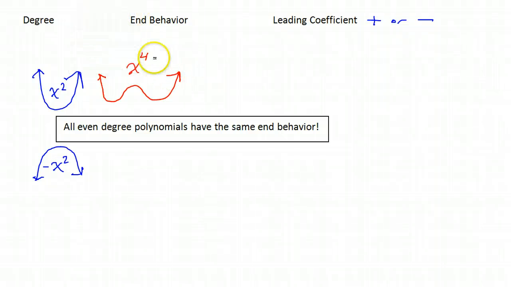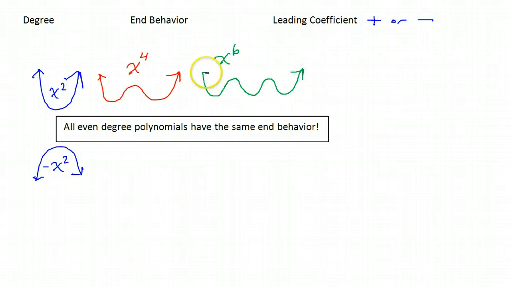Take a look at x to the 6th power. If the degree were 6, it would be like this. Hopefully you can see that the higher the degree gets, the more waves I have in it, but the end behavior remains the same: rises on the left and rises on the right.